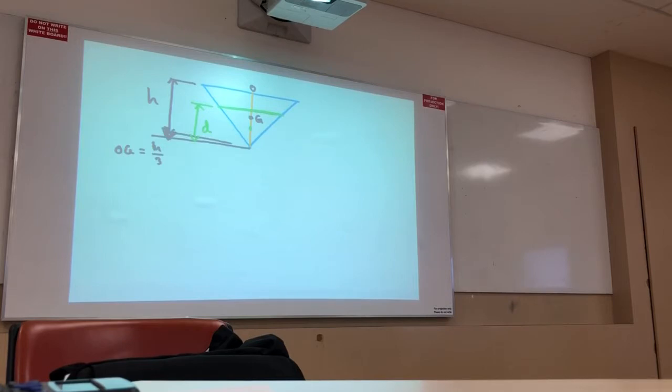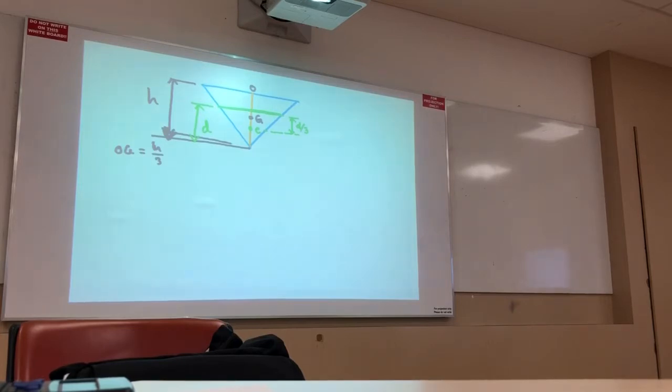Due to water, the center of buoyancy, which is C. Can you tell me what is the distance from the surface of the water to the buoyancy C? What is the distance here? D by 3.